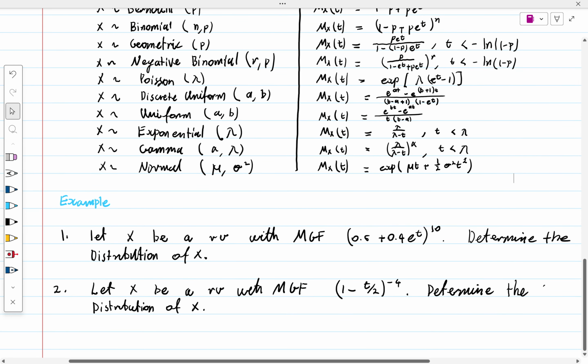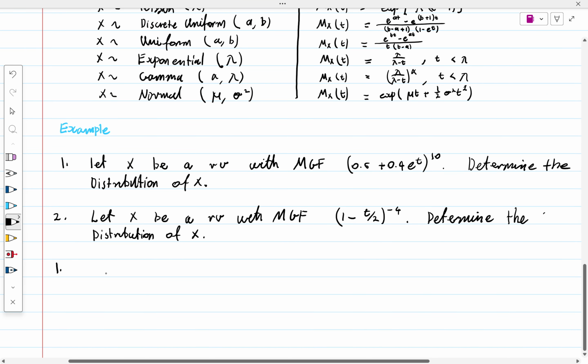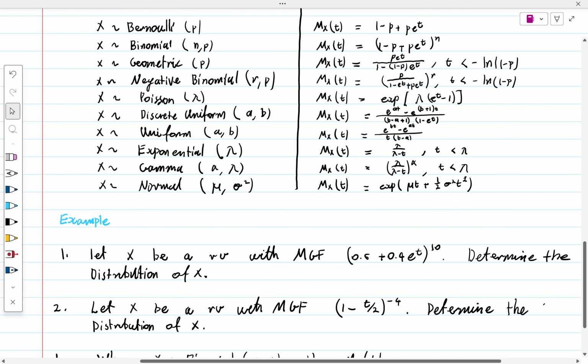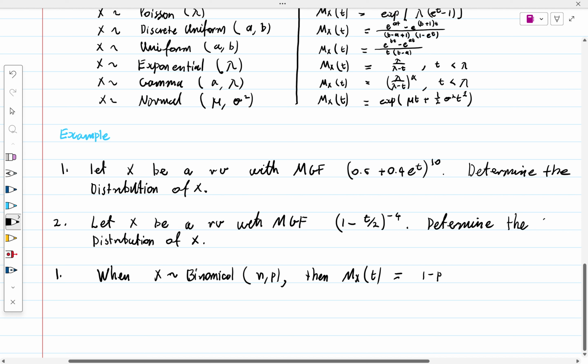MGF. And in fact, if we look at that binomial MGF and bring it down here, when X has a binomial distribution with parameters n and p, then the moment generating function of X, as we wrote up here, was (1 - p + e^t)^n.